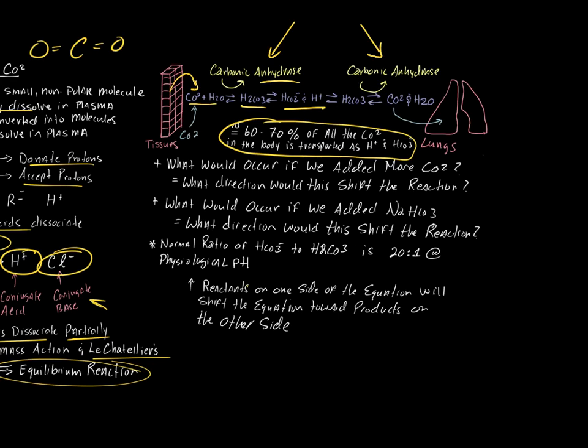And then those hydrogen and bicarbonate ions can be transported in the blood because they're positively charged and negatively charged, right? They're polar, so they dissolve in our blood. And then they get to the lungs where carbonic anhydrase catalyzes their reconversion back into carbonic acid, and then they can dissociate back into CO2 and H2O, and the CO2 gets exhaled through the lungs, right?